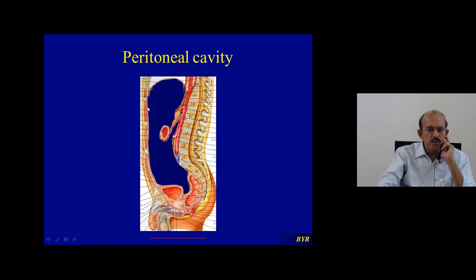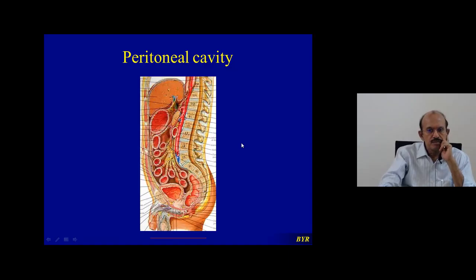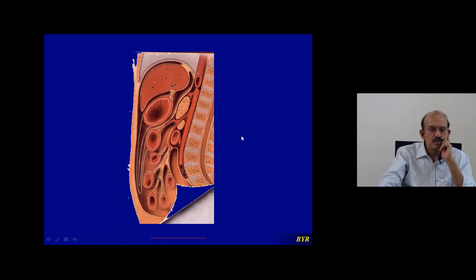One is the part which lines the abdominal cavity, called the parietal peritoneum. The other is the visceral peritoneum, the part which lines the mesentery and the bowel. So this is the visceral peritoneum, and this is the parietal peritoneum. This is how the mesentery has formed.